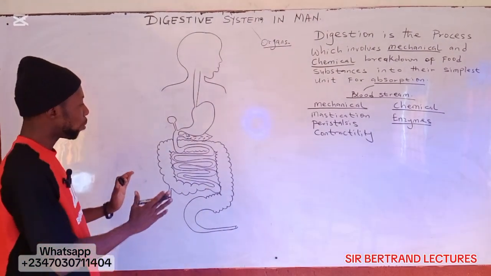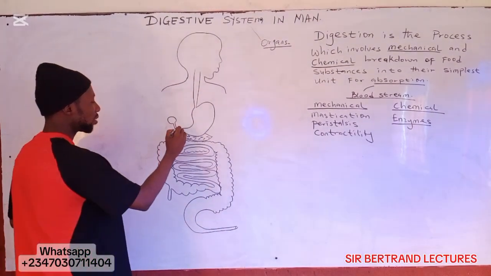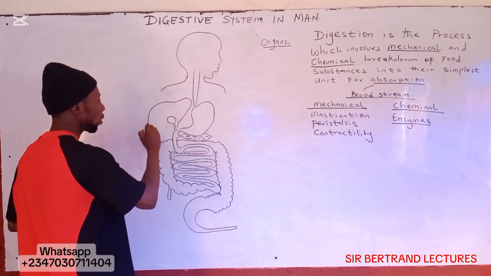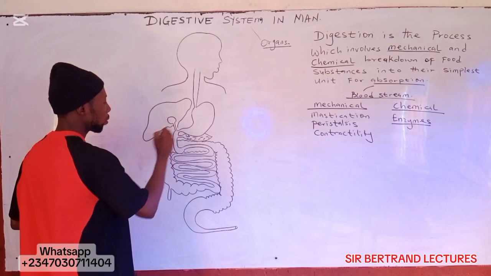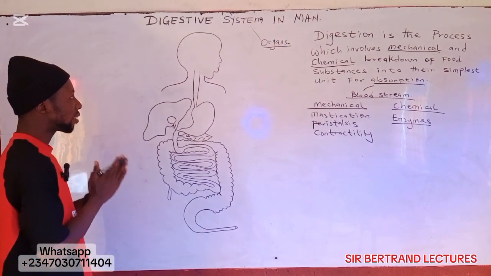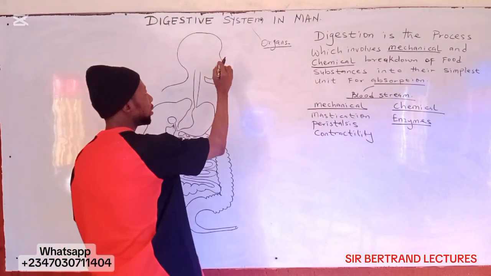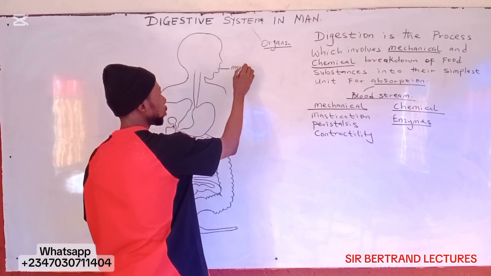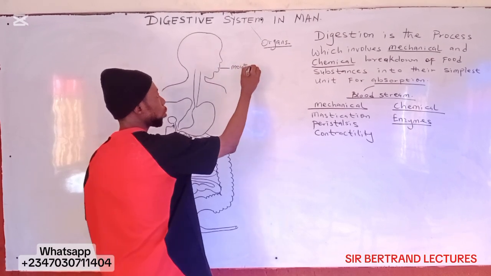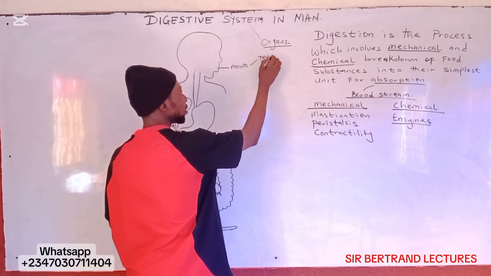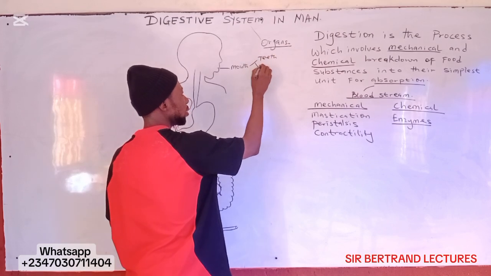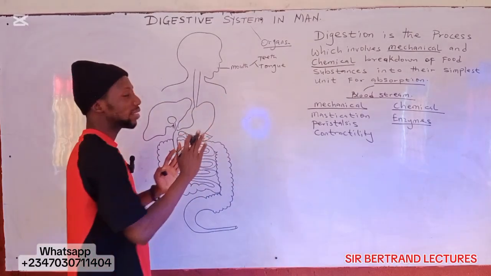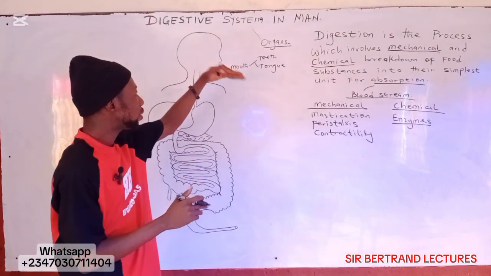This is the complete digestive system in man. Here is the mouth. The mouth comprises the teeth and the tongue.